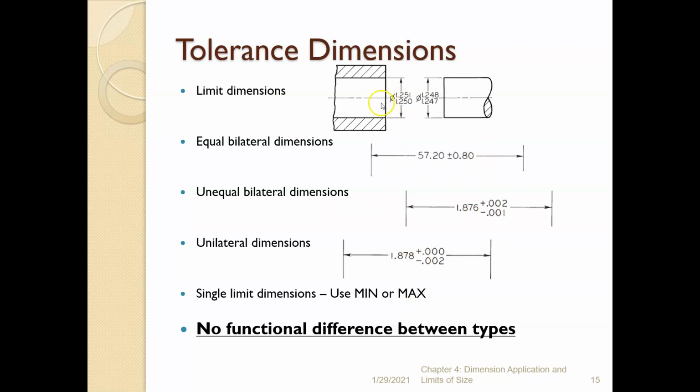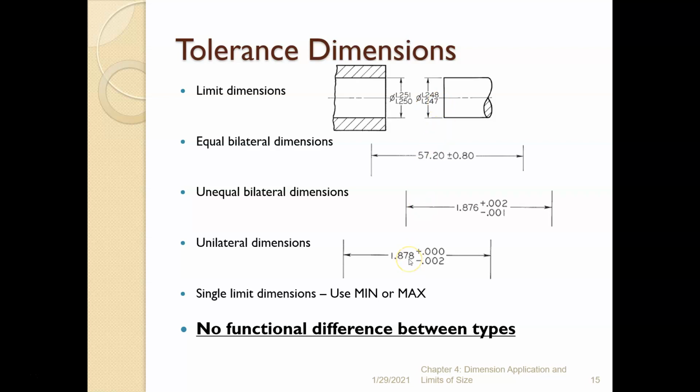The only thing that the tolerance dimensions provide us is the upper limit of size and the lower limit of size. Everything else is just gravy. All right. Now, why do we have these differences and why do we need them?